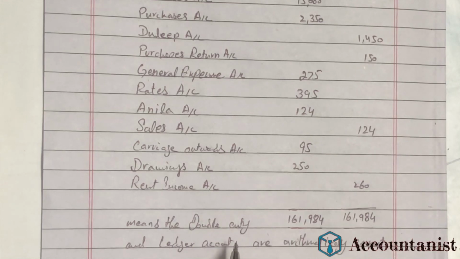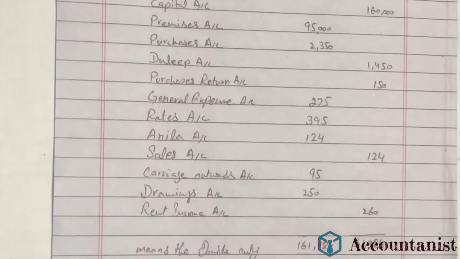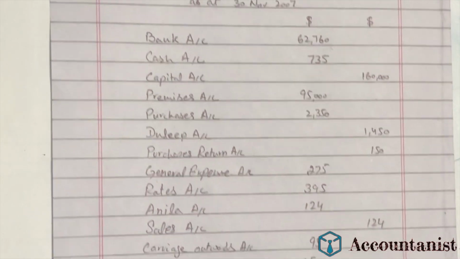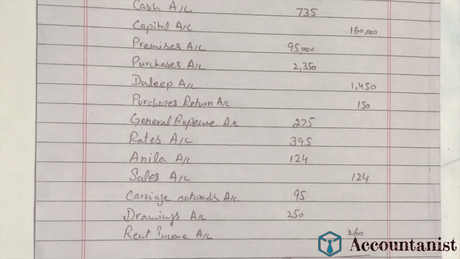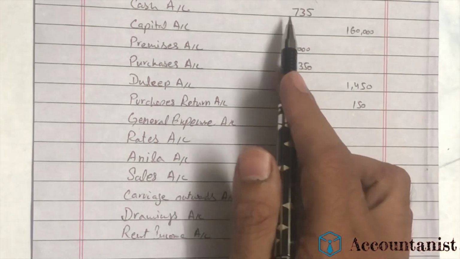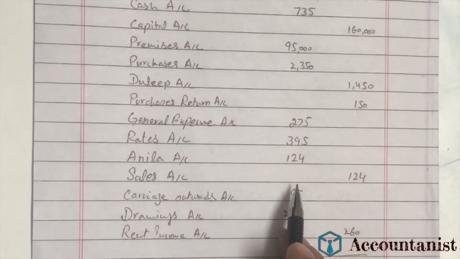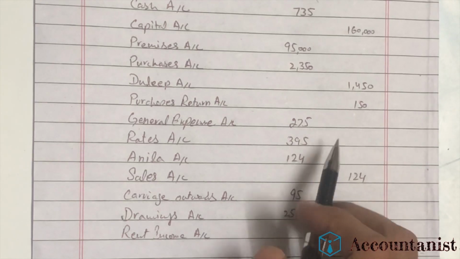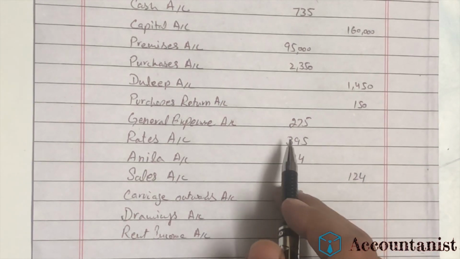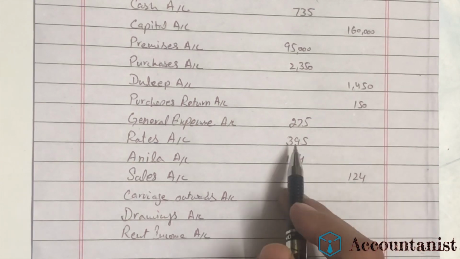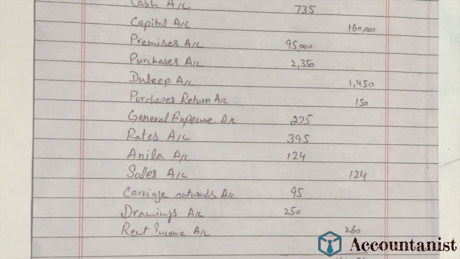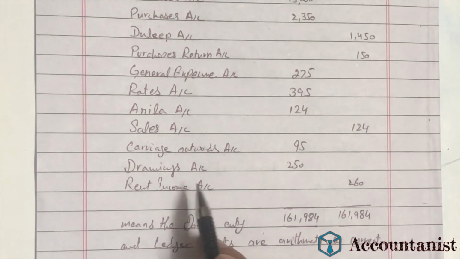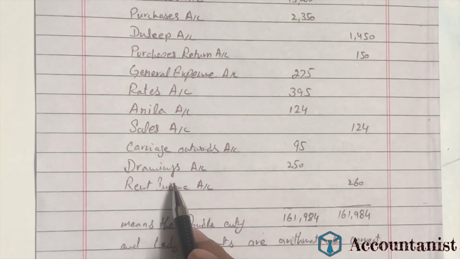There are some questions that you can see in your past papers, the Cambridge. So there can be some missing figures. So what we have to do, we have to make the trial balance as per the rules, like the assets comes on debit side, liabilities comes on credit side, income comes on credit side, expenses comes on debit side, capital and drawings and all the adjustments. There may be some missing figure, like in some question they did not give you, let's suppose, the drawings figure.